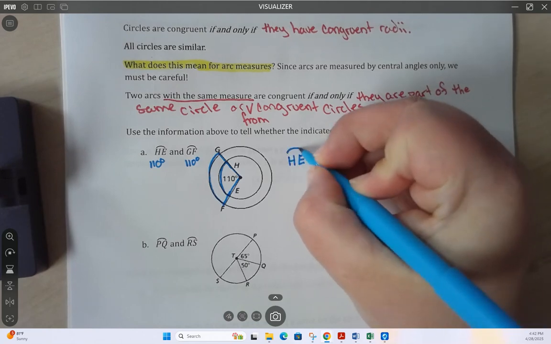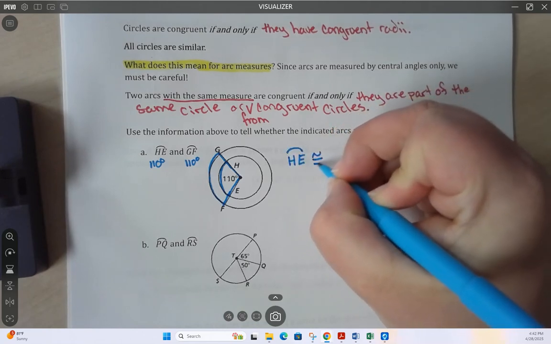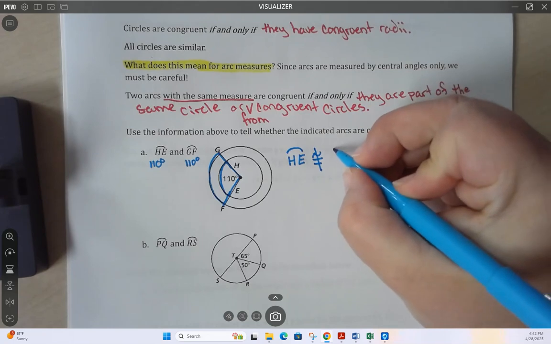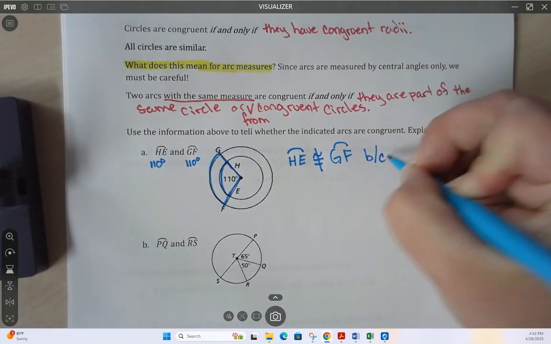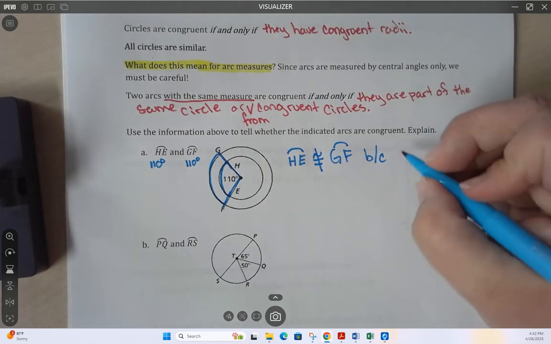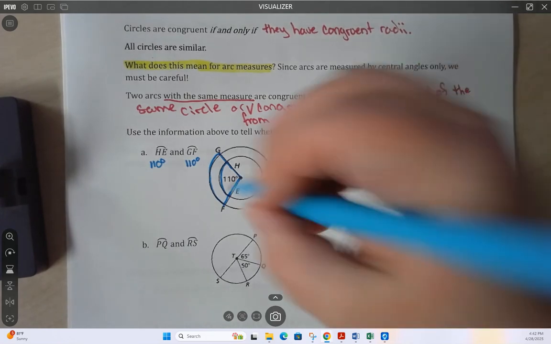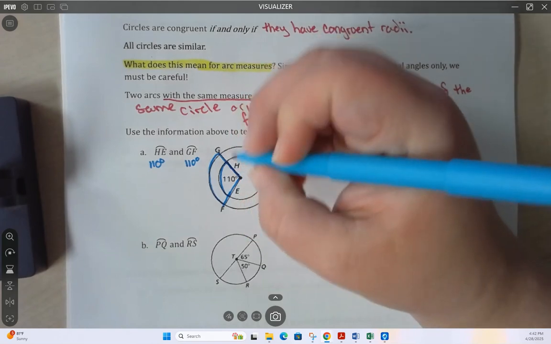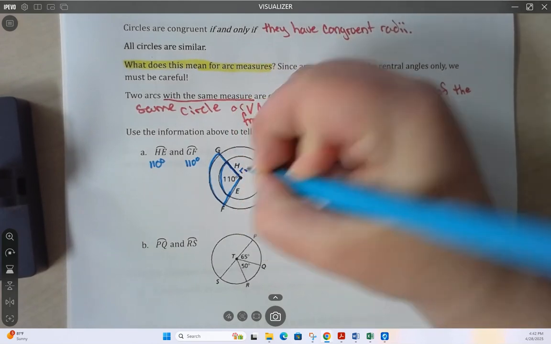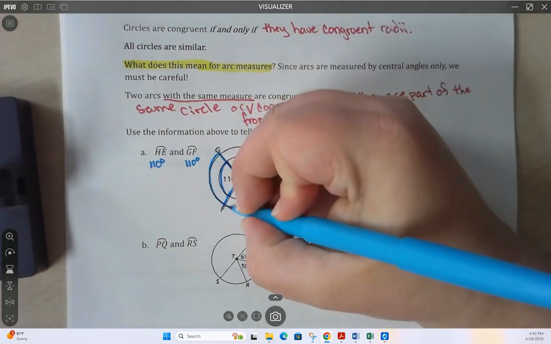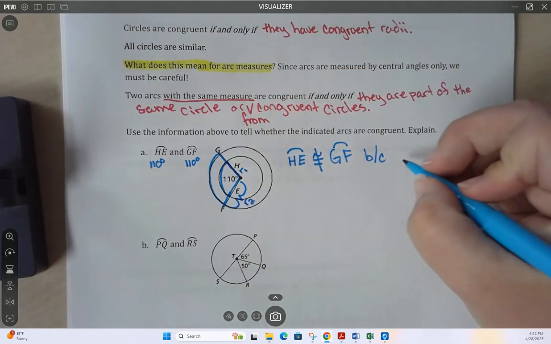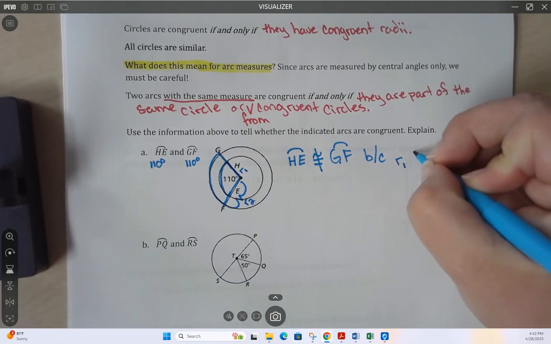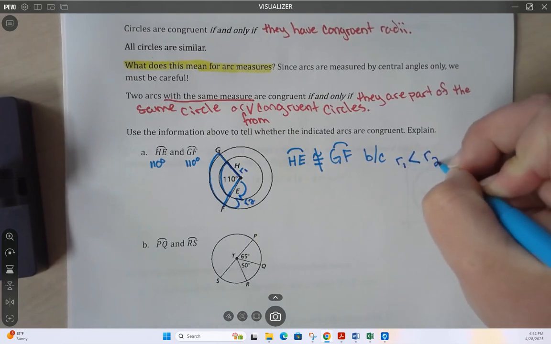HE is not congruent to GF because the radius, let's call this radius 1 and this one radius 2, radius 1 is less than radius 2.